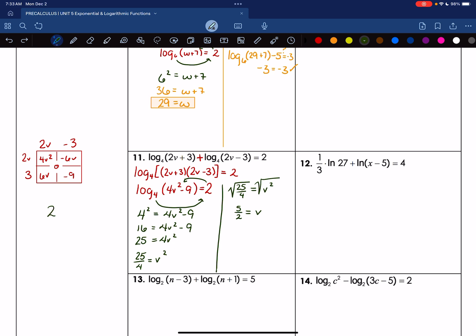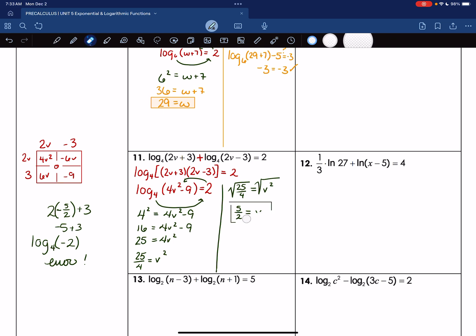It would be 2 times a negative 5 over 2 plus 3. That's negative 5 plus 3. That's negative 2. If you take log base 4 of negative 2, that is an error. You'll get an error statement. So the only possible value is the positive 5 over 2, not the negative 5 over 2.